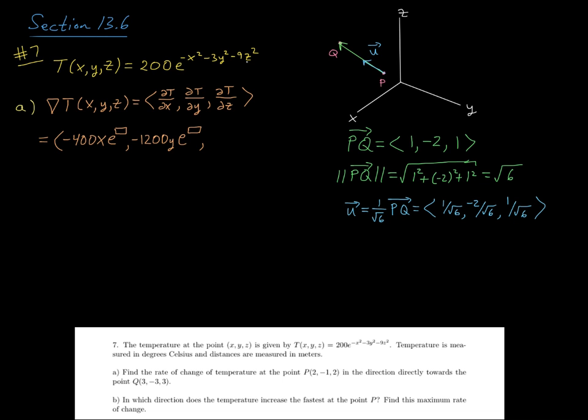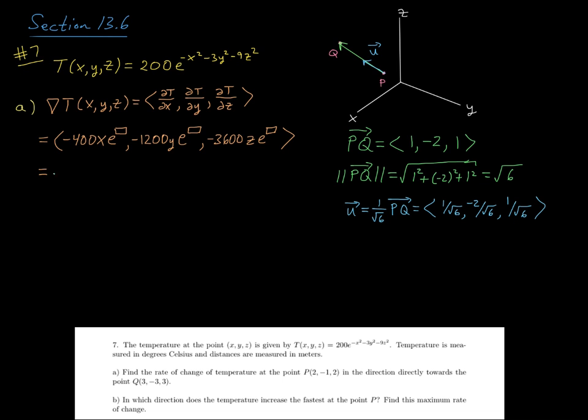For the z derivative, I get -18z, multiplying the 200 to give -3600z times our exponential expression.